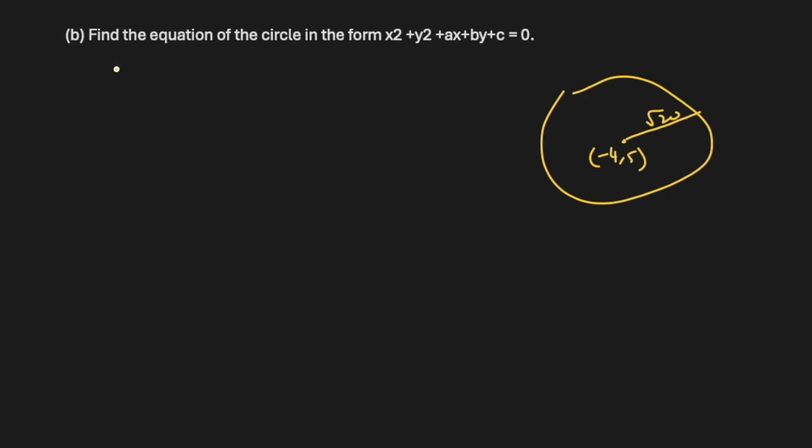So the equation becomes, where (x, y) is any point on the circle, by the distance formula, (x minus minus 4), which is x plus 4, squared, plus (y minus 5) squared equal to square root 20 squared. Alright, so the square root and square cancel out here.